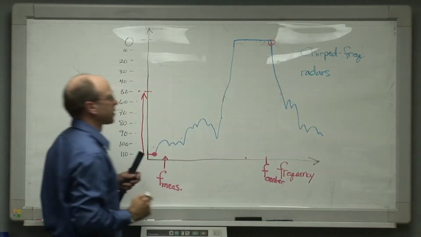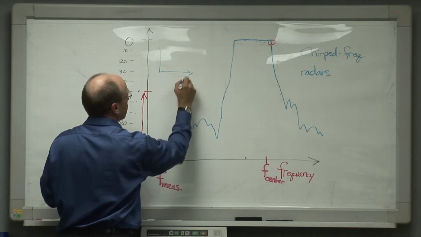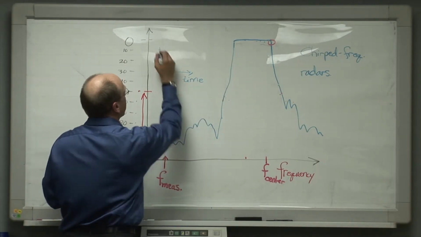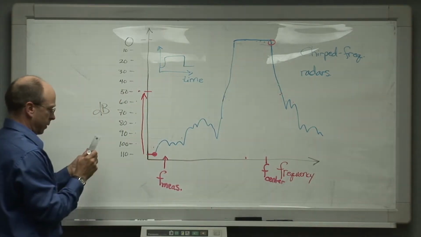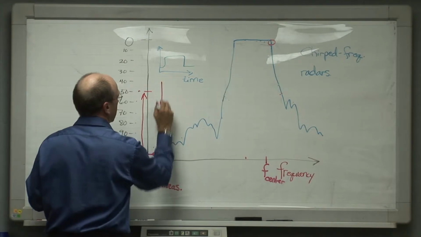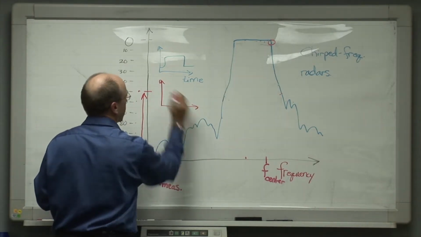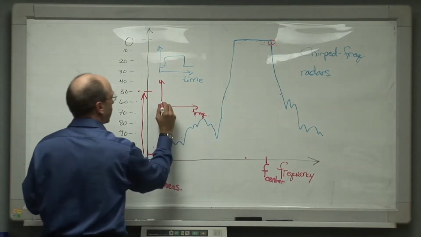And in this radar design, just to refresh our memories, when the radar pulse, which looks like this in the time domain, turns on and then off, while the pulse is turned on, if we look at the pulse in the frequency domain, here's frequency, at the same times as we have here.